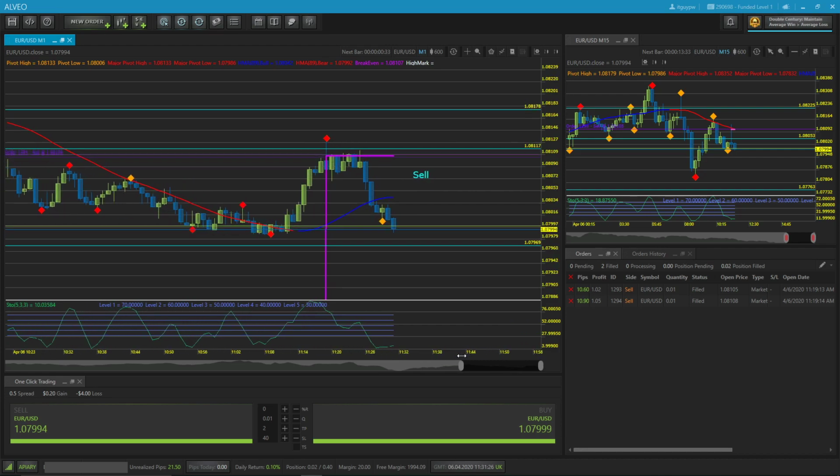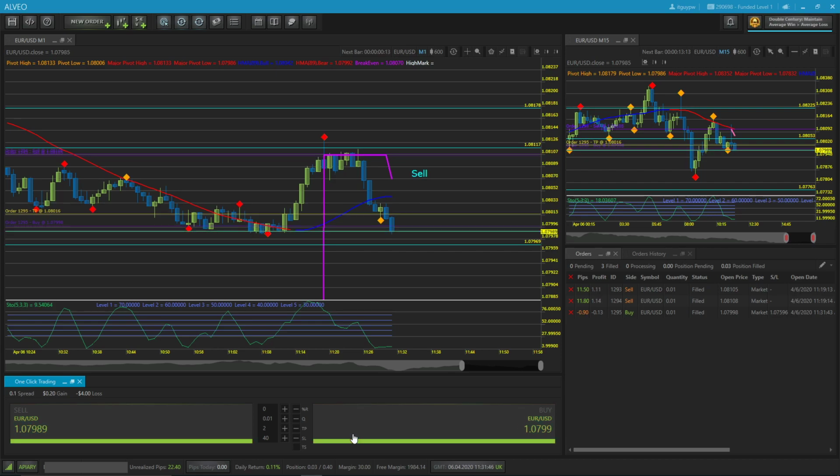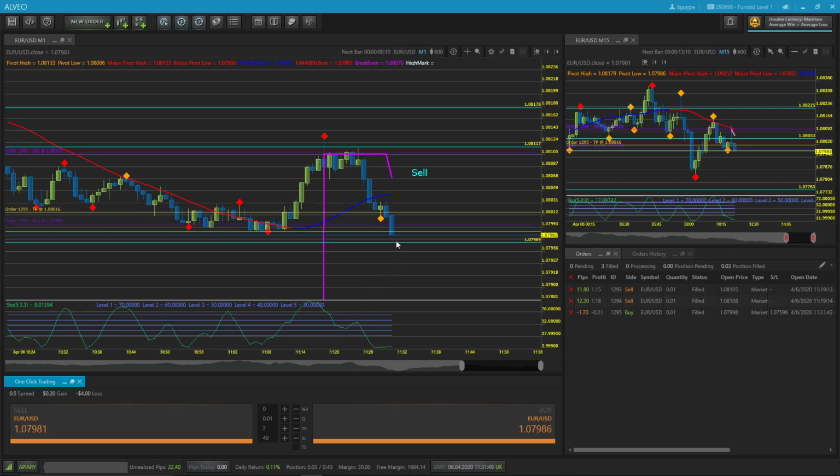All right, so we've had some really good movement. I'm just going to leave those on until I think we're going to go another direction here. Now again, we're in this resistance level, so I can put on a buy and just see if we can take some profit out. But I'm thinking we're going to break down to at least this support level here.